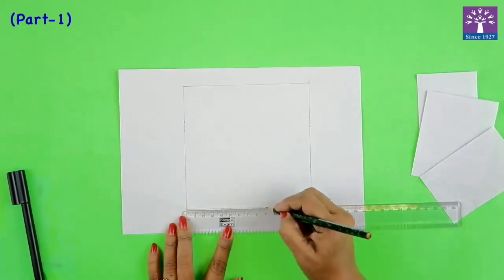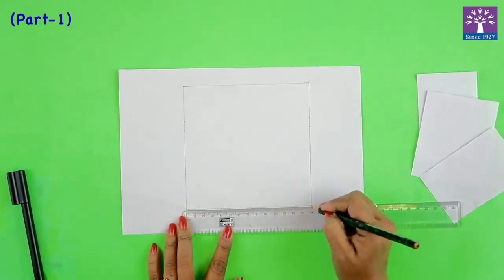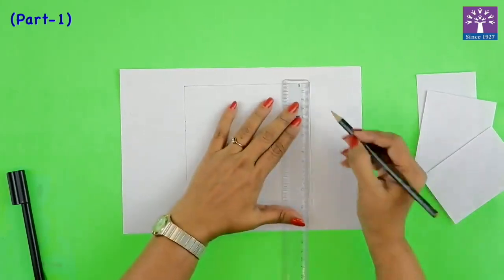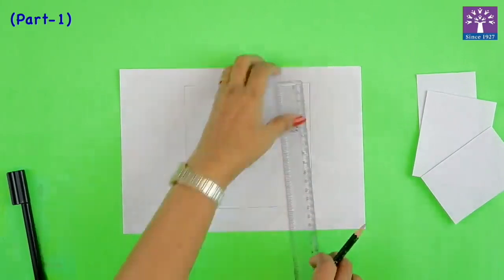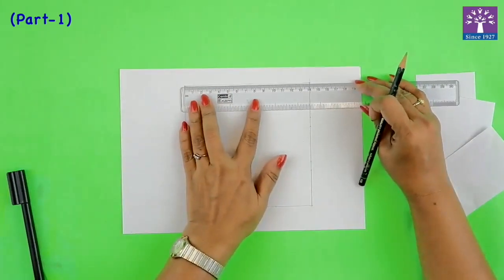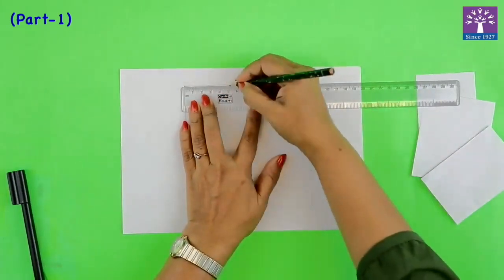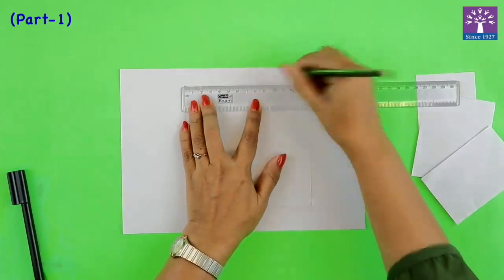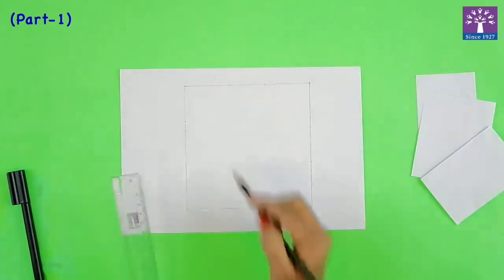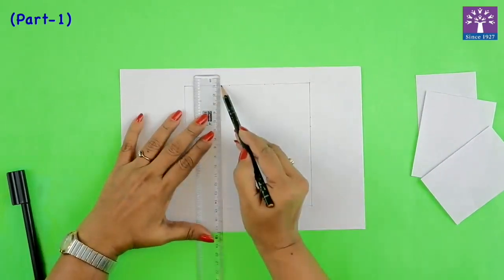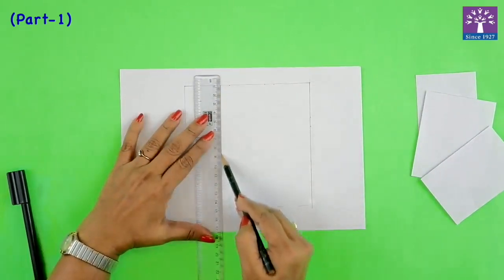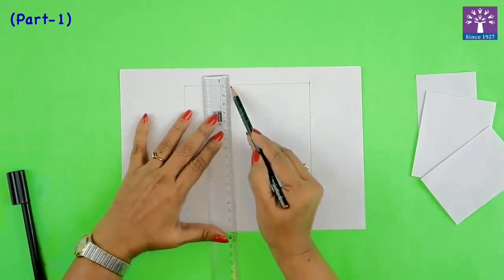So we'll follow this step for all 4 sides. Now we will draw lines to join the dots or the markings that we made.